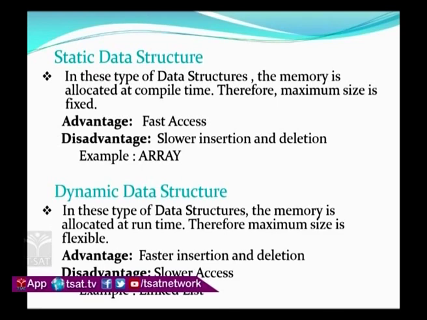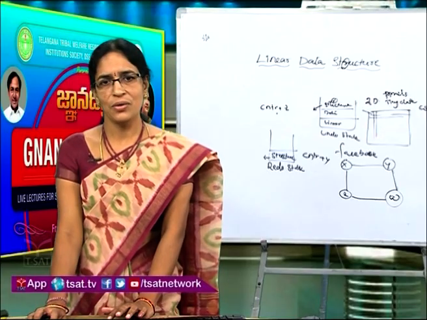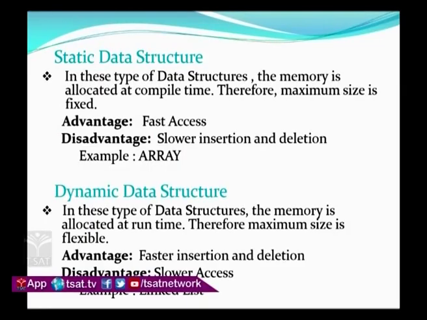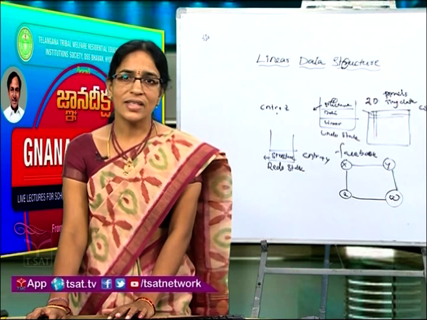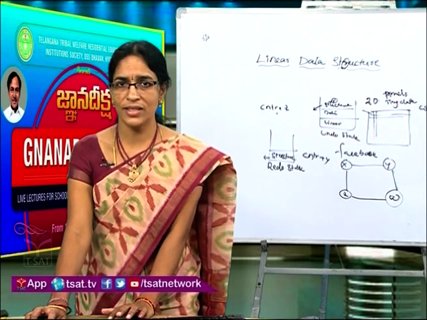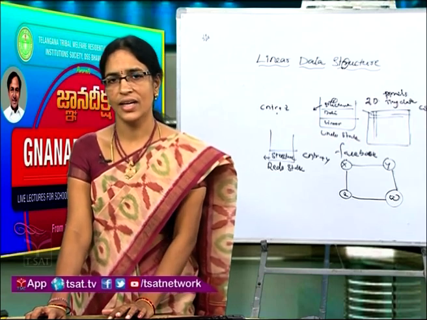If efficiency is focused on time, the user can use array data structures. Coming to the disadvantage, insertion and deletion are slower. Suppose the array size is 100: insertions and deletions are based on index, so it first searches for the index and only after that can it insert.